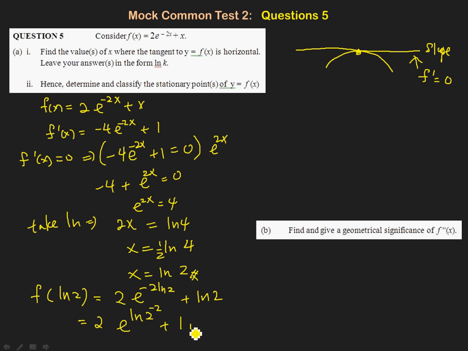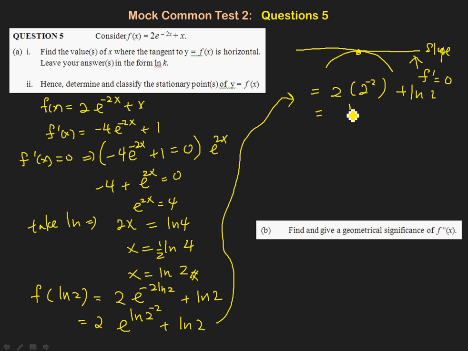Bring this here, give it more space. So this will end up as 2 to the power of negative 2, and the ln 2 remains. You simplify, and you get half plus ln 2.